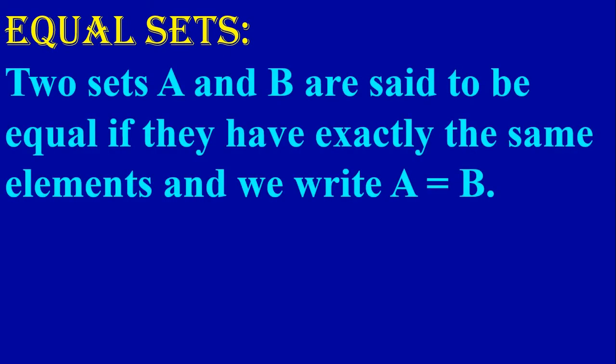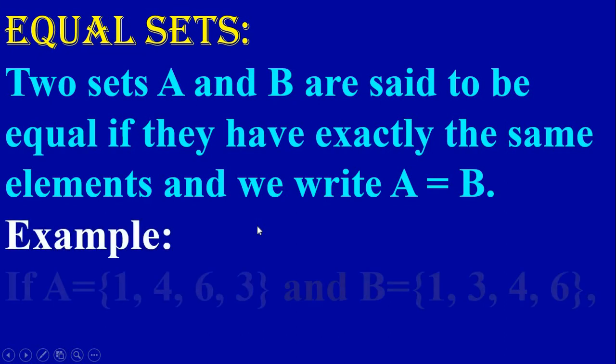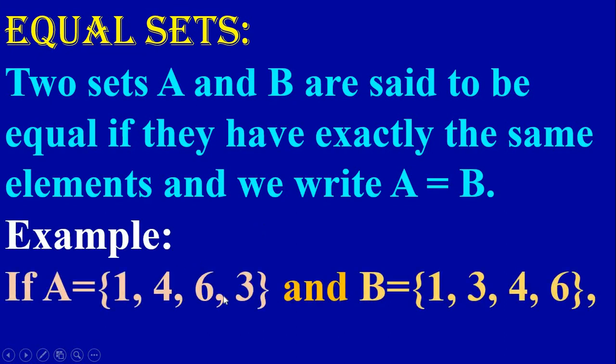So next, equal sets. Now we say what are equal sets. Two sets A and B are said to be equal if they have exactly the same elements, and we write A equal to B. That is, all the elements are the same in sets A and B. Suppose you consider the example A equal to {1, 4, 6, 3} and B equal to {1, 3, 4, 6}.